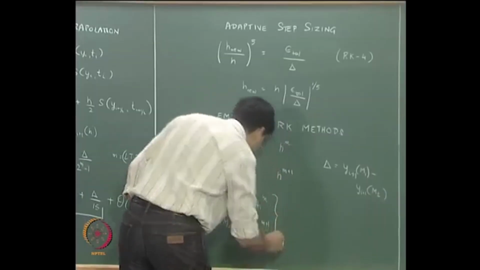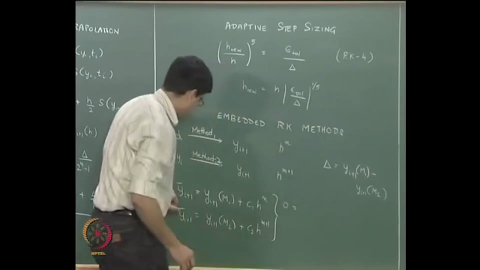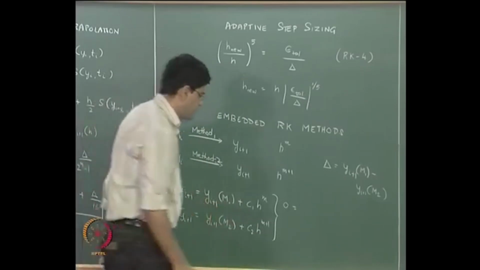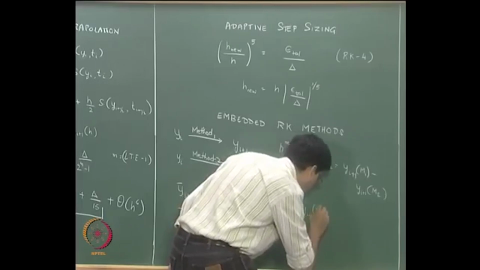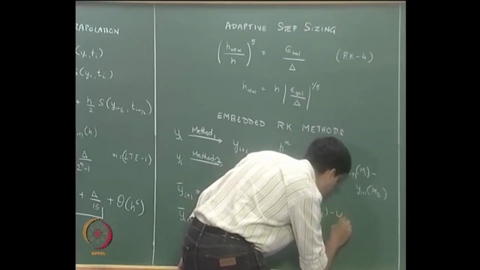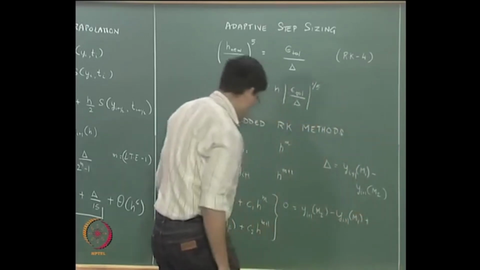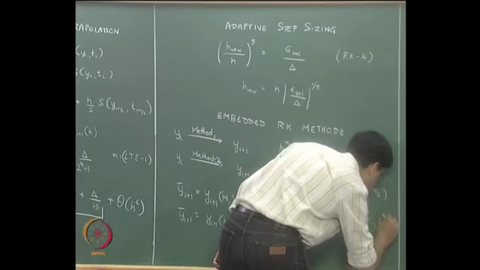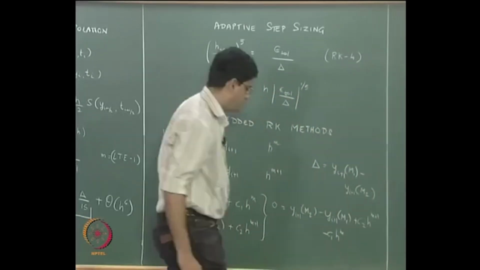We will get 0 equal to yi plus 1 m2 minus yi plus 1 m1, okay, plus C2 h to the power m plus 1 minus C1 h to the power m.